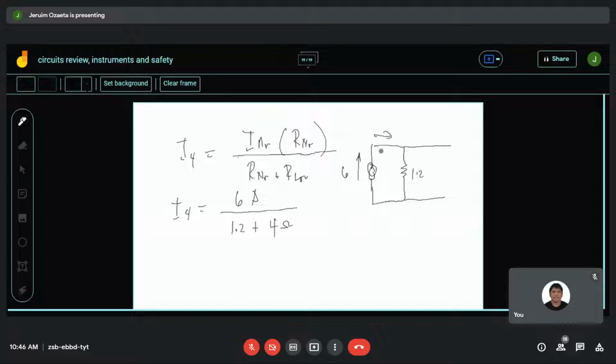So therefore the current of 6 amperes in the 4 ohms will be equal to 6 times 1.2, hindi 4, 1.2. We have, ilan ba yan?